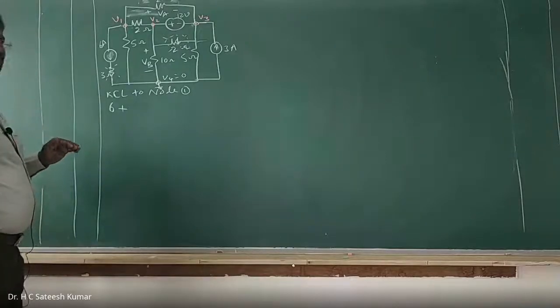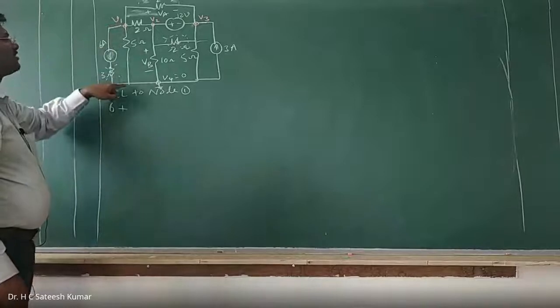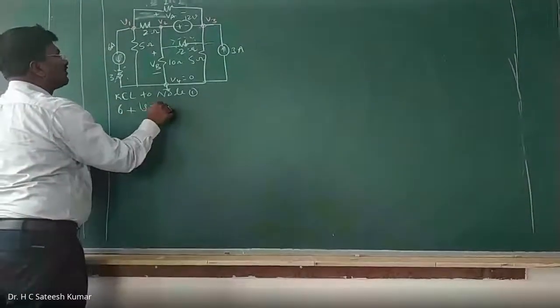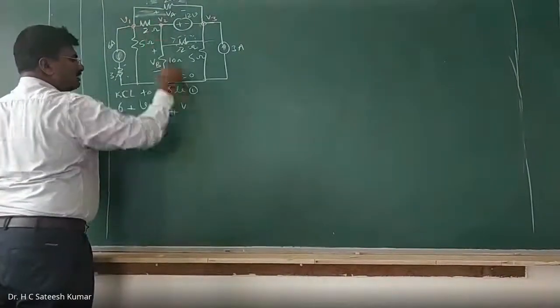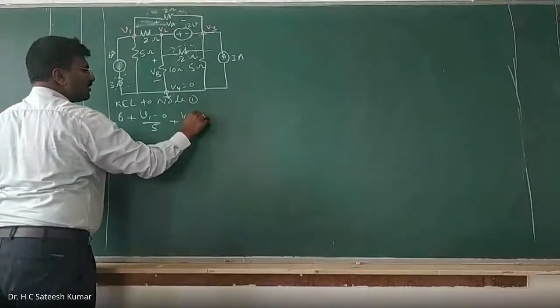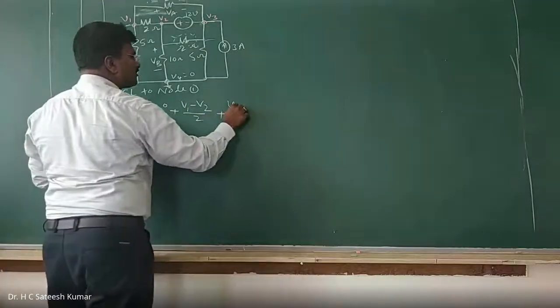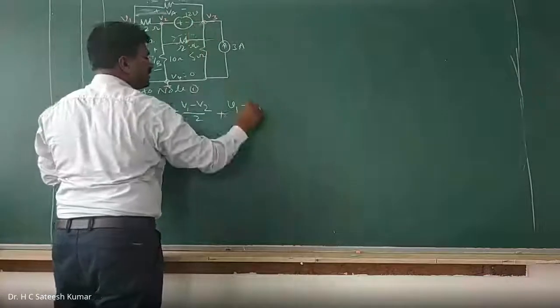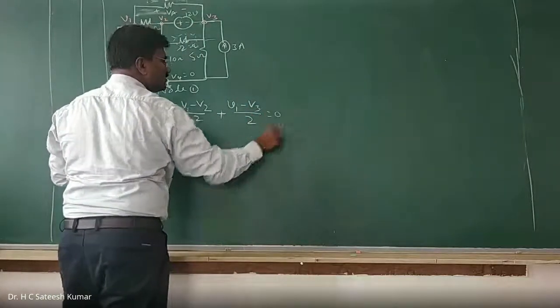Now you can write: V1 minus 0 divided by 5, plus V1 minus V2 divided by 2, plus V1 minus V3 divided by 2 is equal to 0.